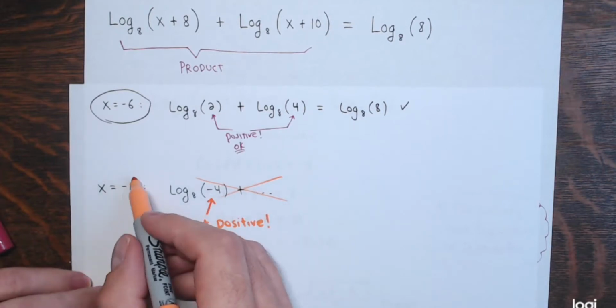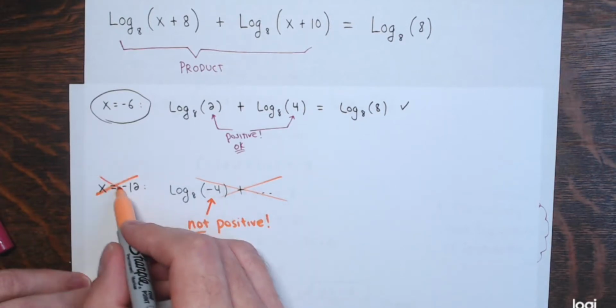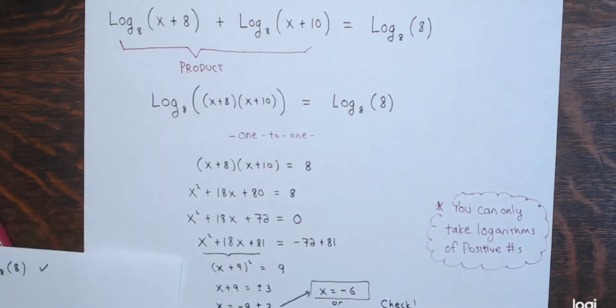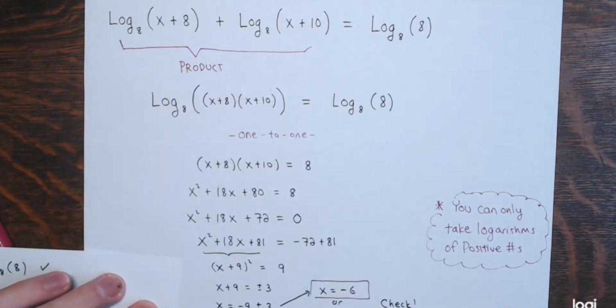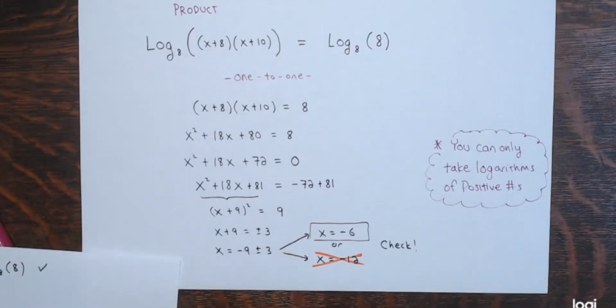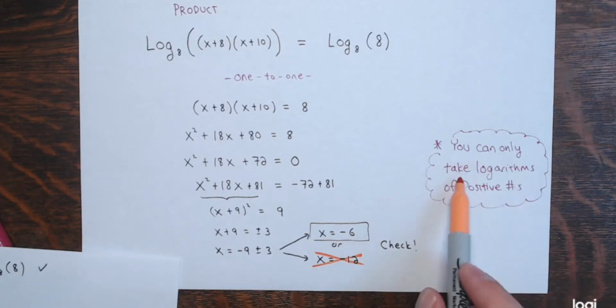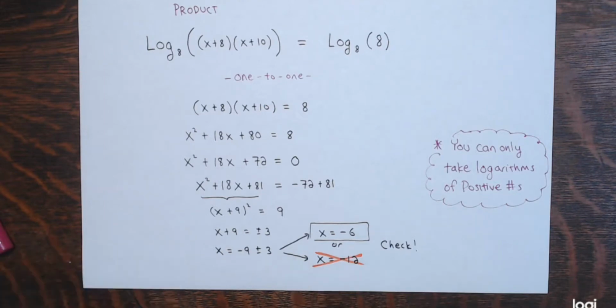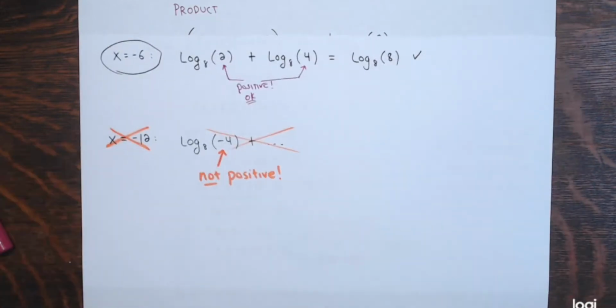So negative 12 is what they call an extraneous solution, and I'm crossing it out. Because when I plug negative 12 into my original equation, the numbers I'll take logarithms of are not all positive. Once again, you can only take logarithms of positive numbers. So the only solution here is negative 6.